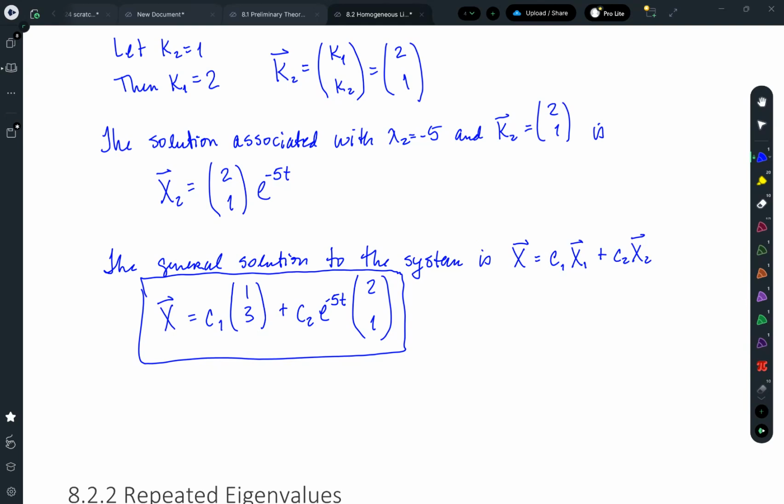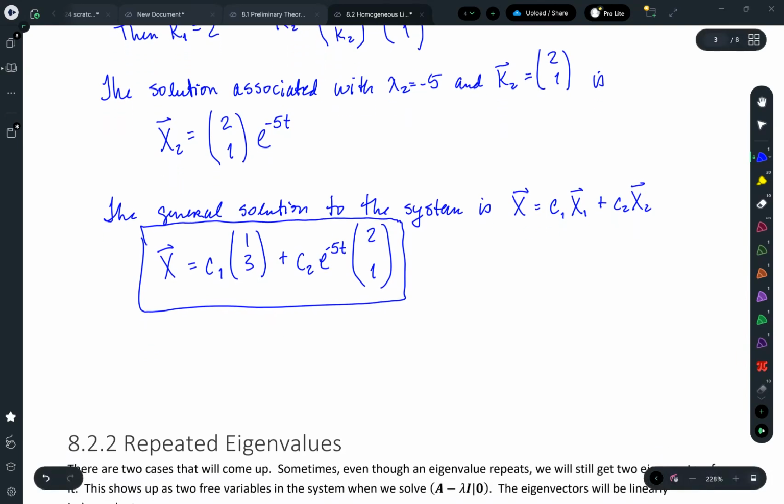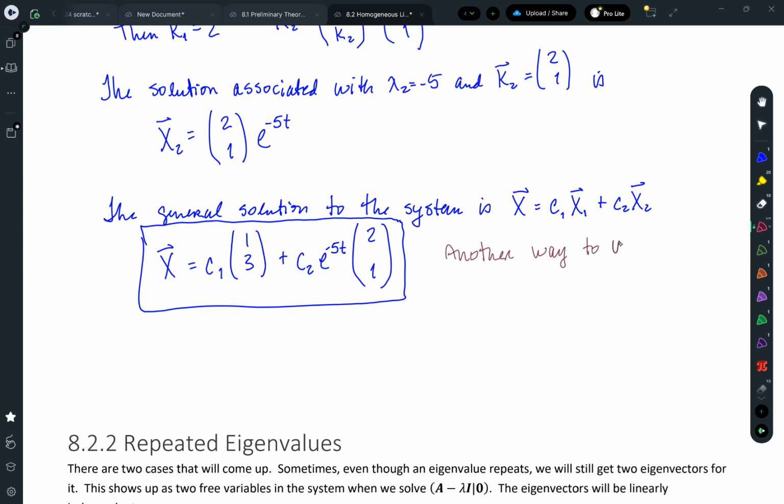Okay, another way to see it, just so that you're aware, let's just say another way to view this, because sometimes this makes it more clear for people.